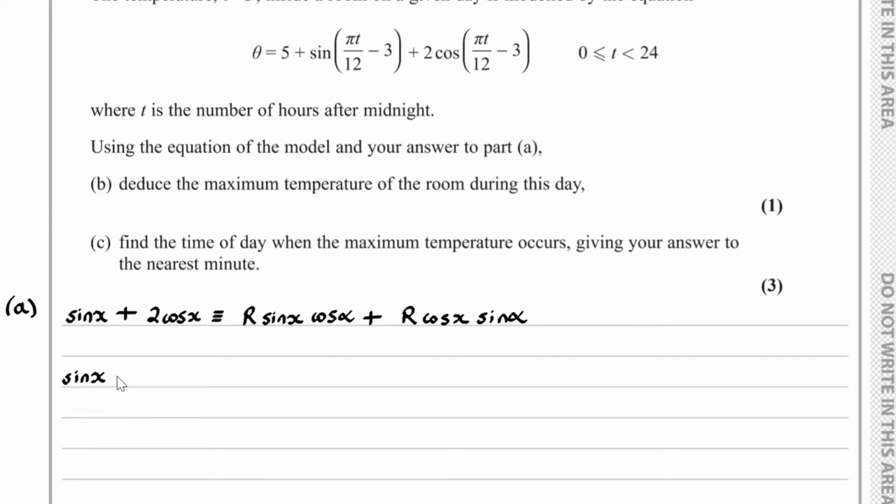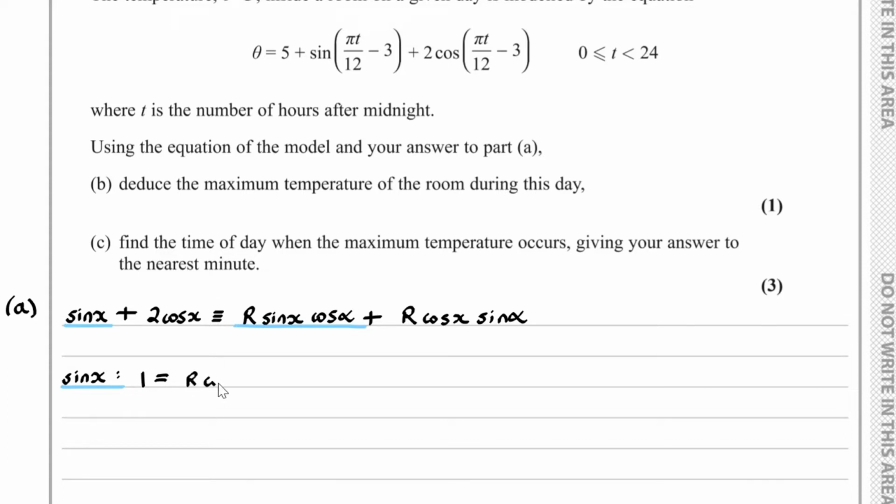If we compare the sine x's, on the left hand side we have one of them, and on the right hand side we have r cos alpha of them.